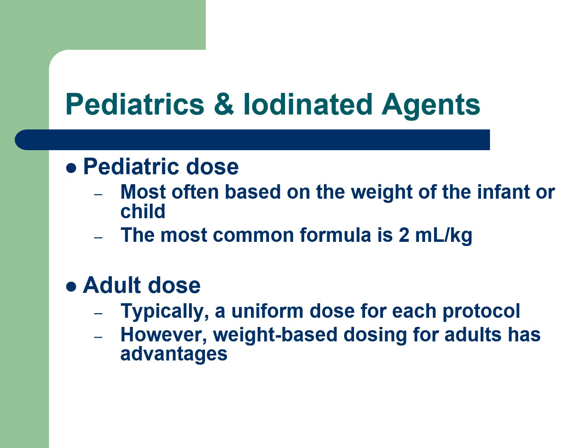We're more concerned with pediatrics and usually with elderly, geriatric patients. They seem to be more sensitive to many things. The pediatric dose is most often based on the weight of an infant or a child. Be careful, because in the United States we usually use pounds, but in other places they use kilograms.